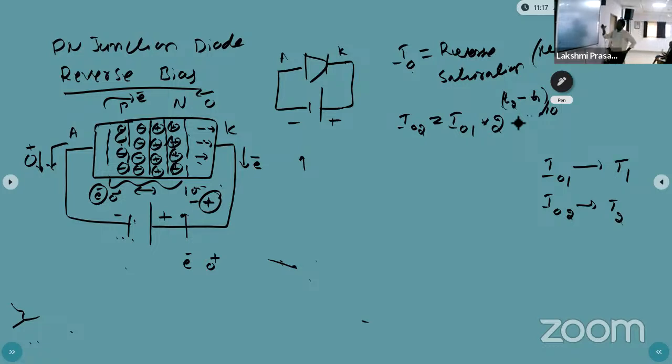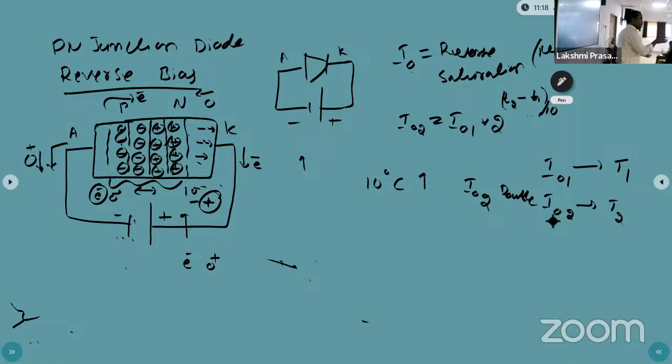That means for every 10 degrees centigrade rise in the temperature, the reverse saturation current doubles. The first 10 degrees doubles it, the next 10 doubles again to 4 times. So for every 10 degrees centigrade, the reverse saturation current will increase, but it is very small.